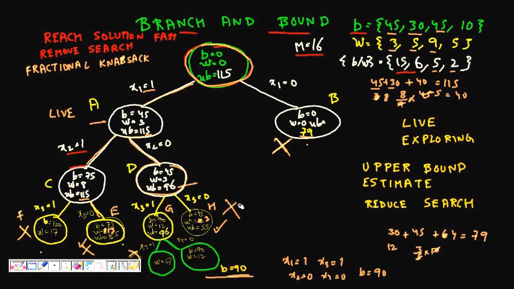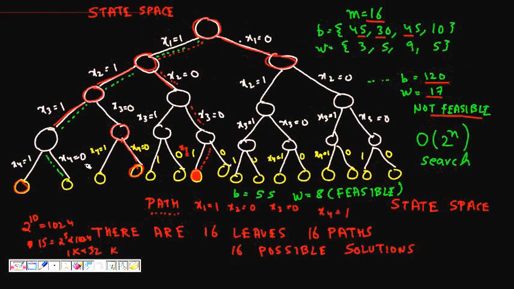And now you can see how many comparisons we made. So only these many: 1, 2, 3, 4, 5, 6, 7, 8, 9, 10. So around 10 searches we made in branch and bound, whereas in the simple exponential algorithm you had 16 searches. In fact, the search is much higher there.